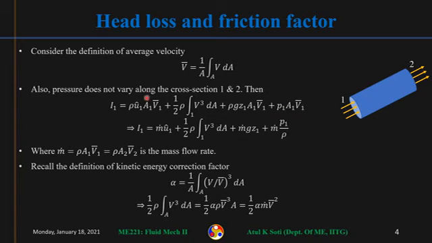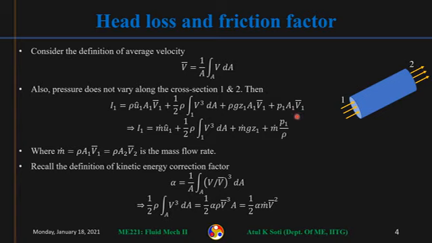Now A into V average will be simply the volume flow rate at any section. So this A1 into V1 average will be the volume flow rate at section 1, and when multiplied by density, it will be the mass flow rate. So this term I can write as simply m dot times u1, this m dot times gz1, and here I can divide and multiply by rho, so then I will get m dot by rho into p1.